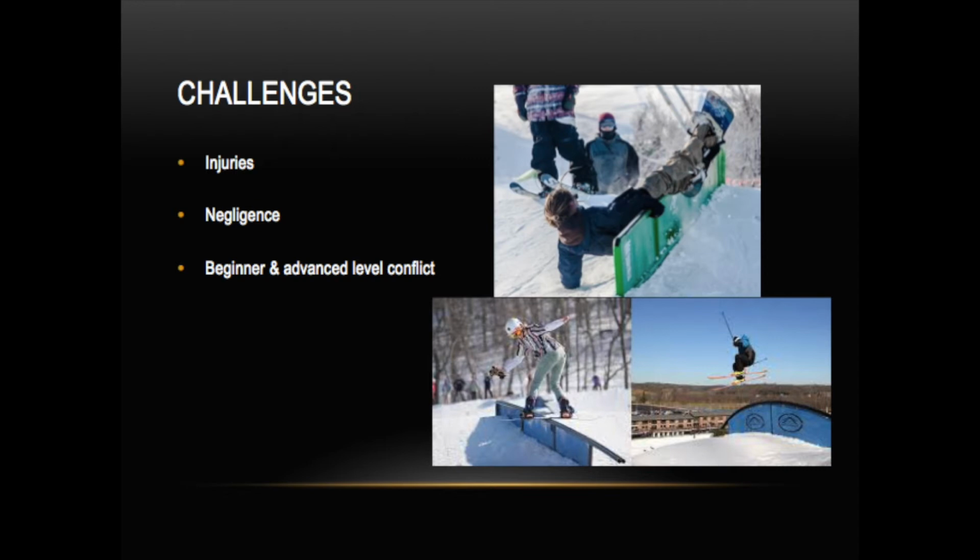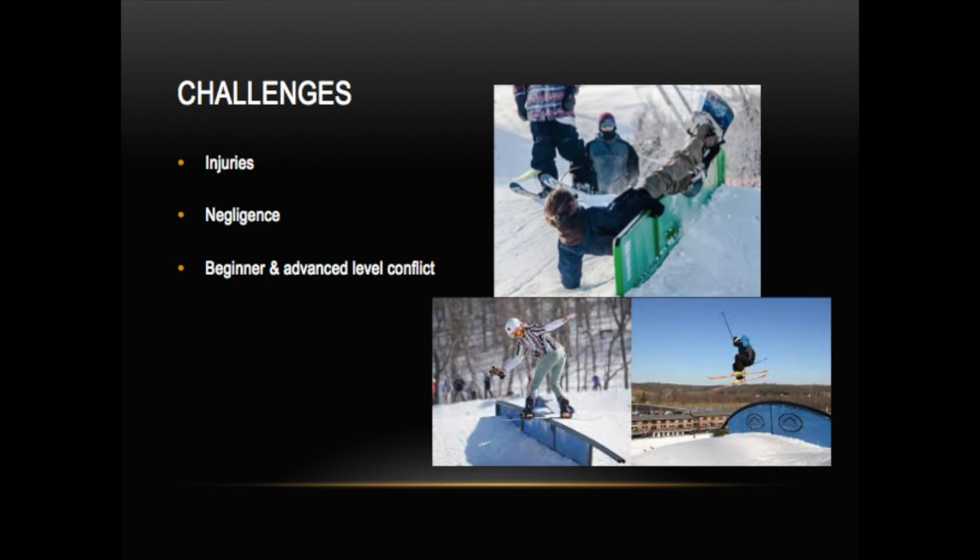The next and last greatest challenge of terrain park management is the conflict between beginner and advanced level skiers and snowboarders. There have been many incidents where beginner skiers and snowboarders have wound up in the terrain park, or when terrain park skiers and snowboarders have taken laps on other parts of the mountain. Keystone Resort is a very good example of this.